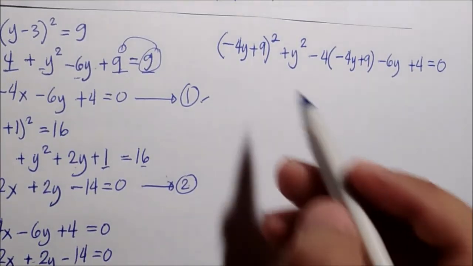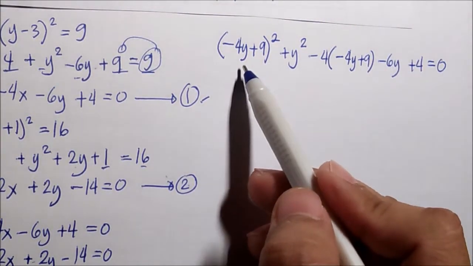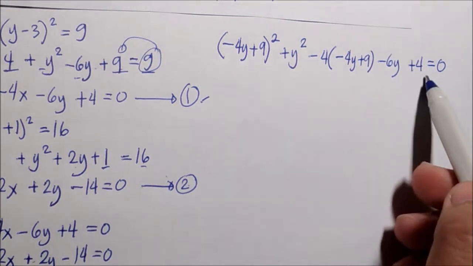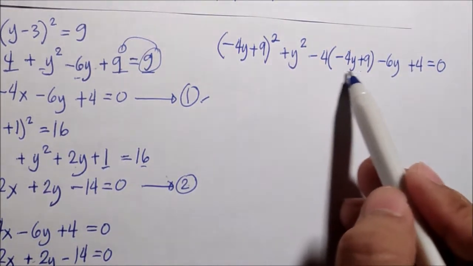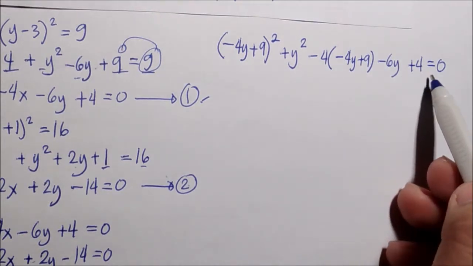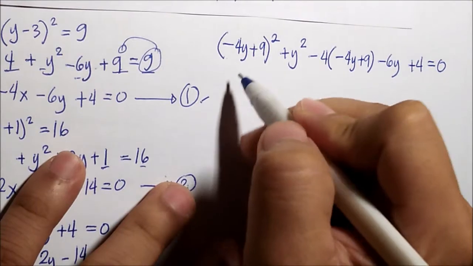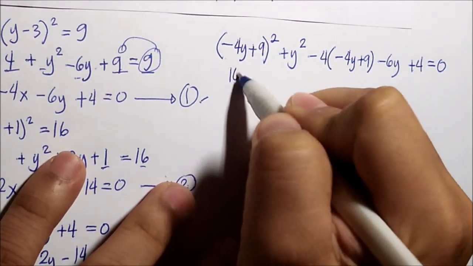So I already substituted the value of x in the first equation. Now notice that this equation is now in terms of y. Okay, so we will simplify, then we will get here a quadratic equation. Then we will solve the roots of the quadratic equation. Okay, so square of the first term, that is 16y squared.